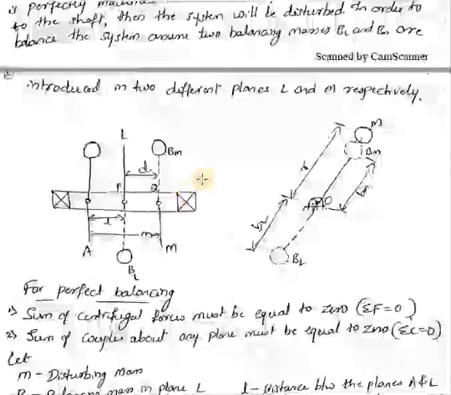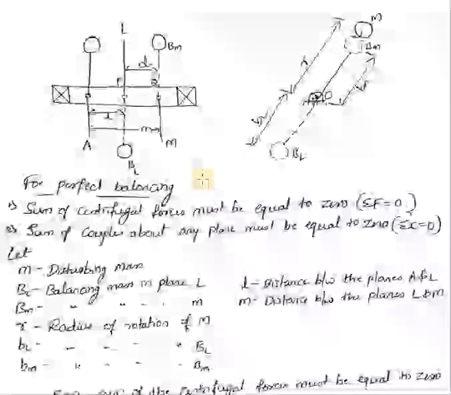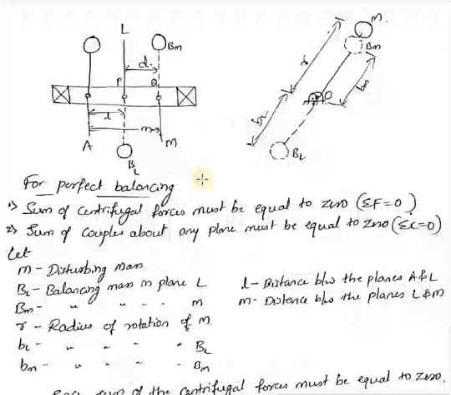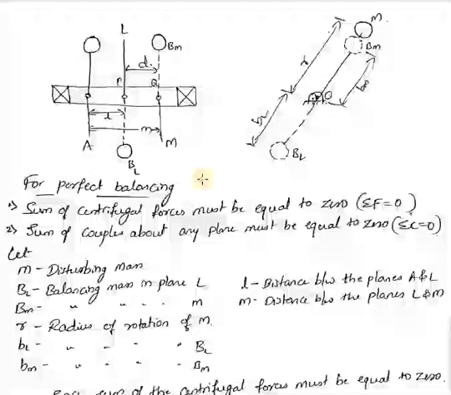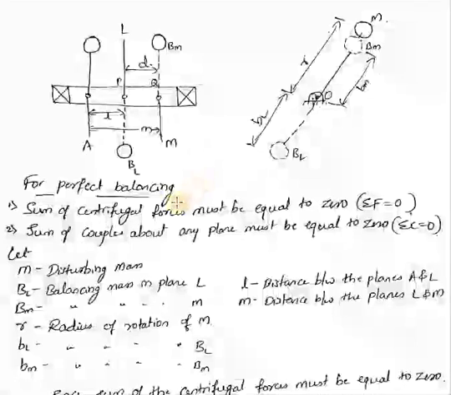Okay. For perfect balancing, the sum of centrifugal forces must be equal to 0, and the sum of the couples about any plane must be equal to 0. So here we will define some terms.